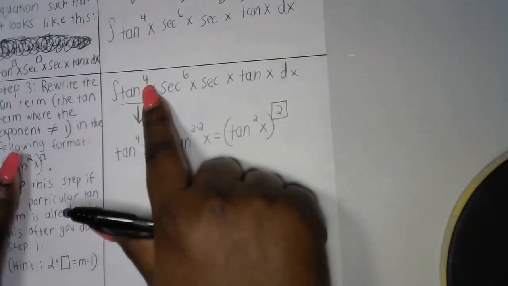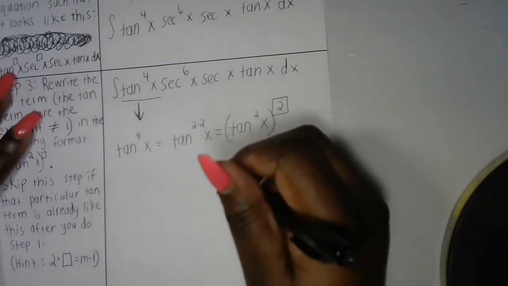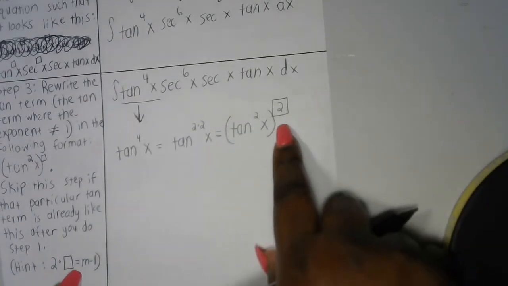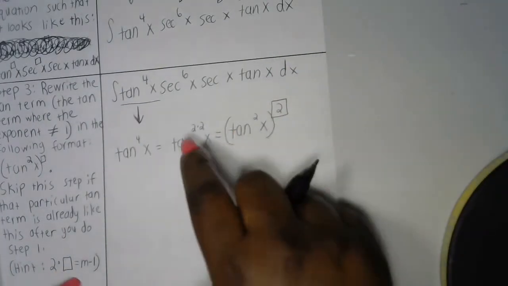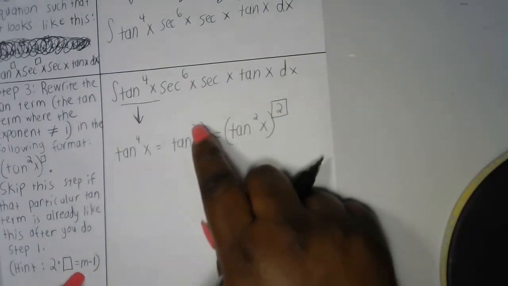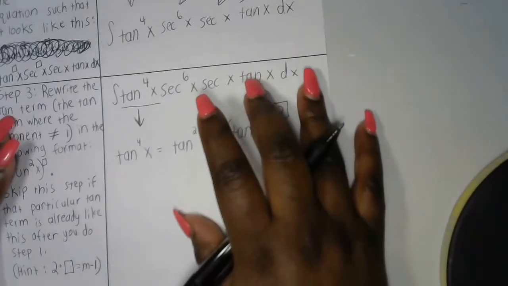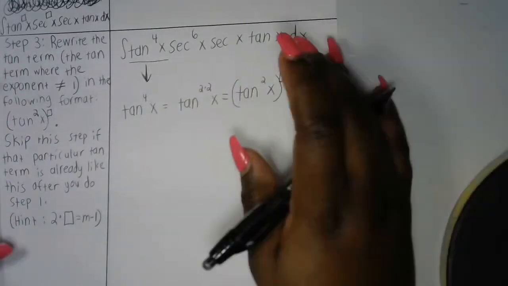It's always going to be 2. But that's why, if you do the hint, 2 times the box, 2 times 2 is going to be equal to m minus 1, where m is 5. But I'll show you guys how the hint works later when we're done.